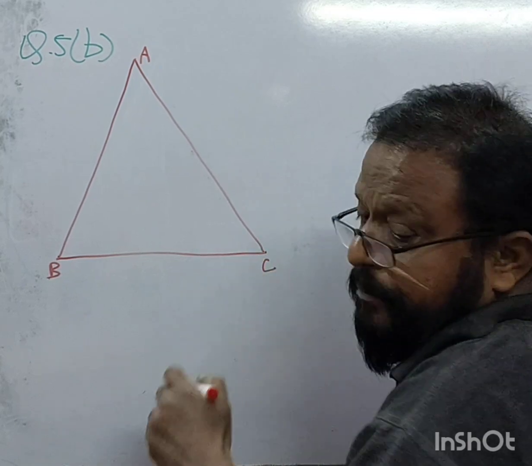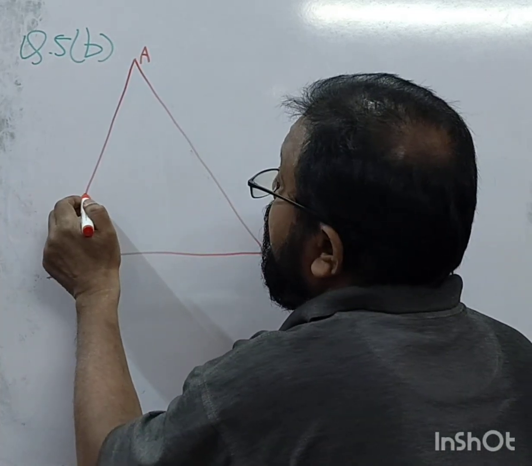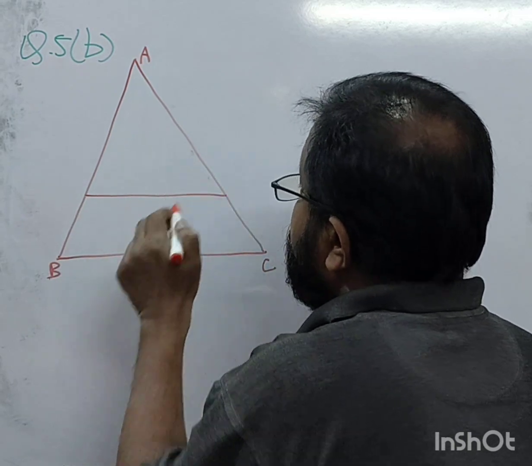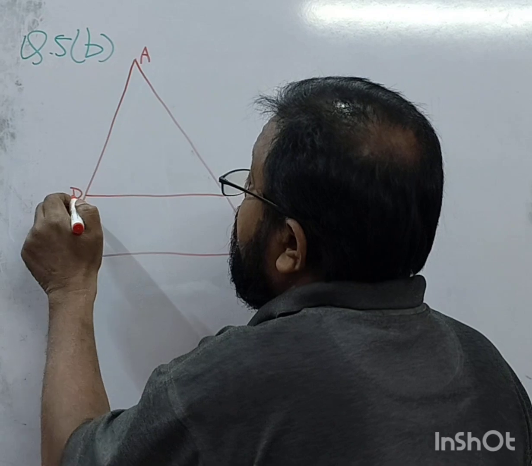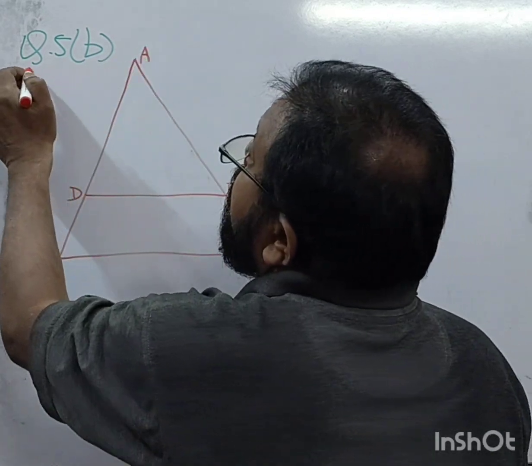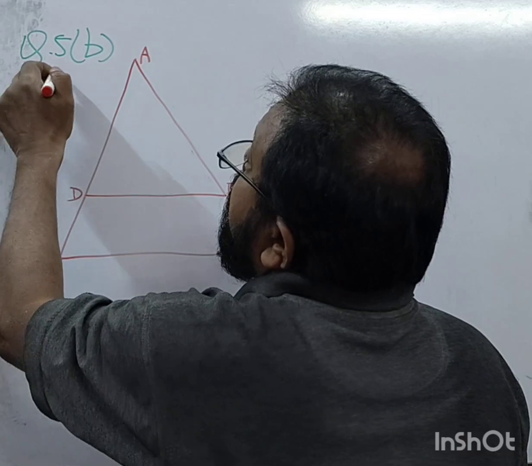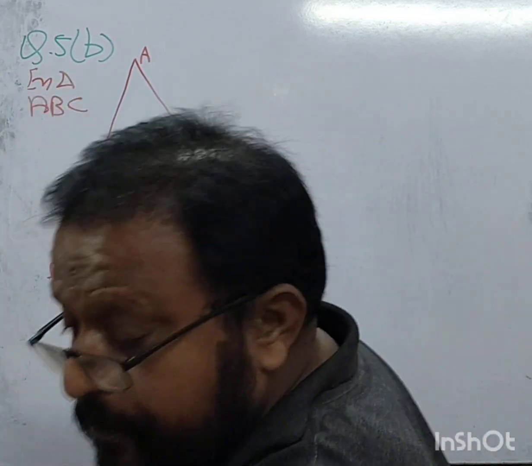Okay, and there is a line. This is DE. So in triangle ABC, what happens?